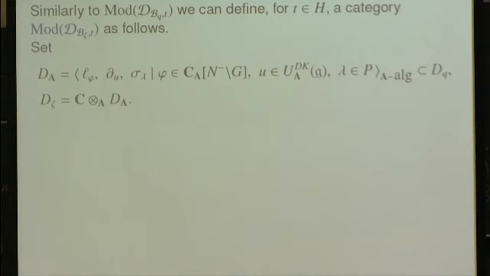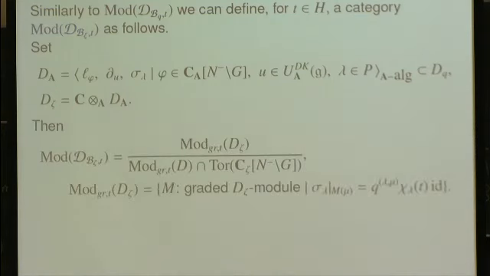So we have some graded ring, P-graded ring, D zeta. Then we can define similarly this category of D modules on this quantized flag manifolds. The definition is completely similar.